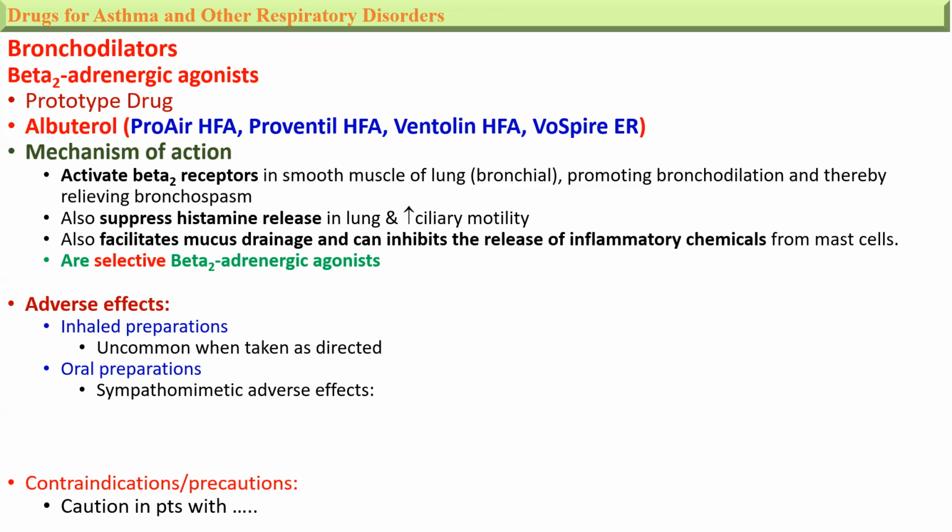The oral preparations will also produce similar side effects, in addition to angina, dry mouth, and chest pain.